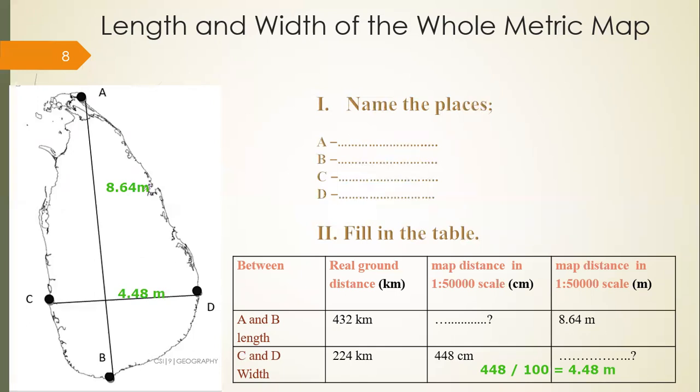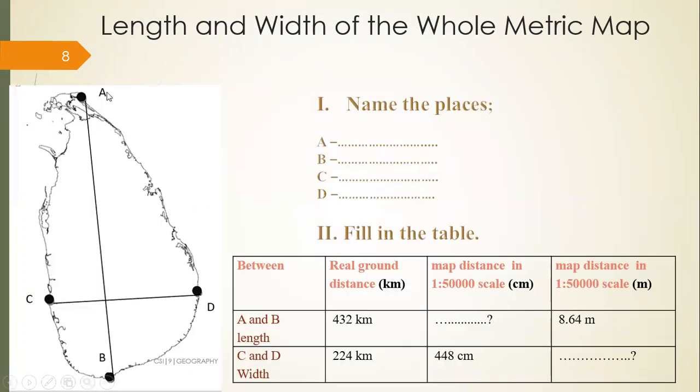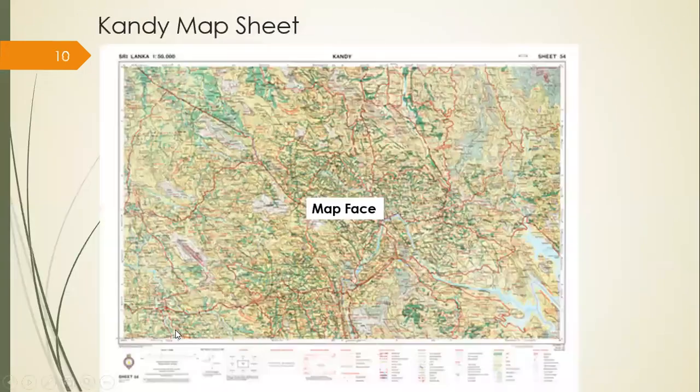Now let's see about each map sheet. Now you know that the whole country is a large map, covering over 8 meters in length. So that map has been divided into parts. The map has been divided into 92 parts of the country, this whole country map.